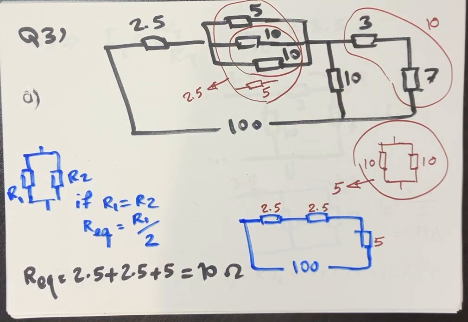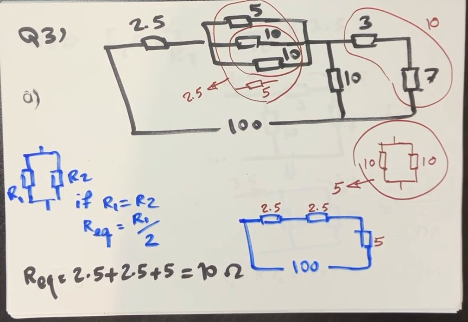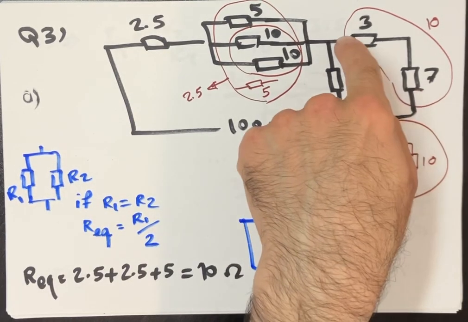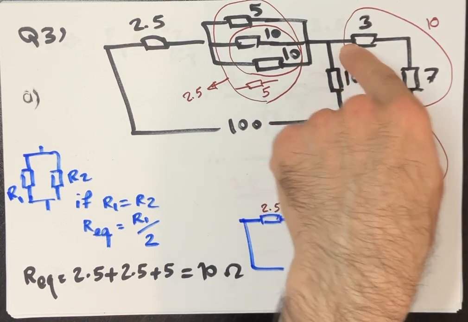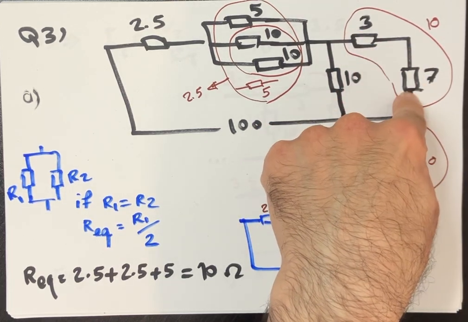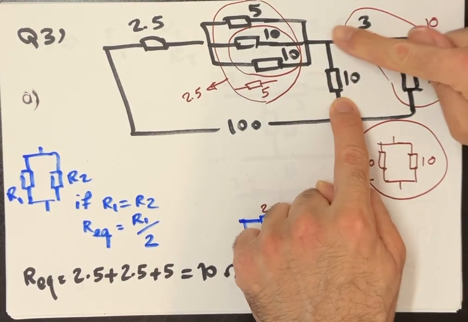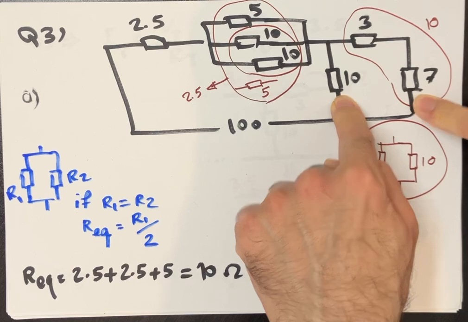Question number 3 is to calculate the total resistance of this system. So you have combinations of parallel and series resistors. If you look at this system, you see 3 and 7, they are connected in series. So you can quickly replace these ones by their equivalent resistor. 3 plus 7 is 10. Then you see 10 and this 10, they are parallel.